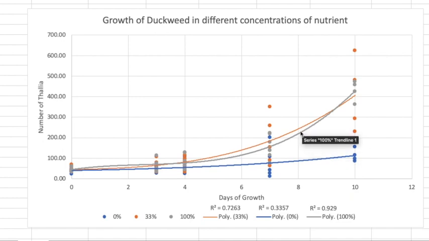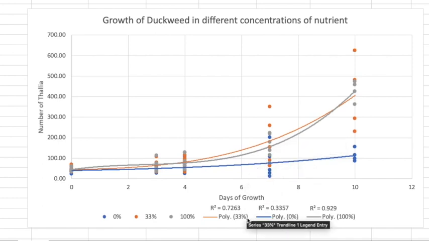We already knew that from the standard error analysis. However, when it comes to how reliable this data is, we have to do a regression analysis to get a better picture, especially when it comes to which one of these two, my 33% or my 100%, is the one that is not telling the true story because of the error. That's how this can help us here.